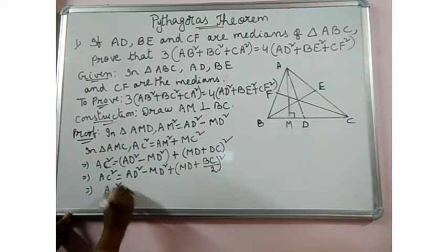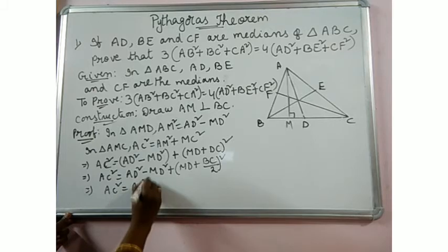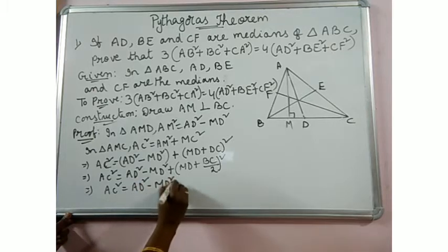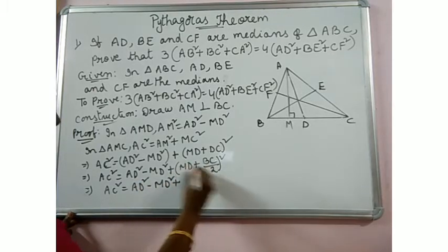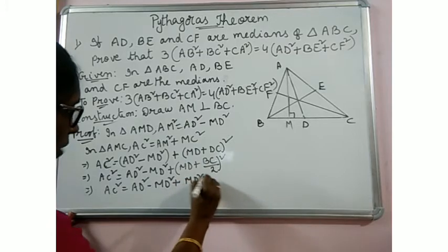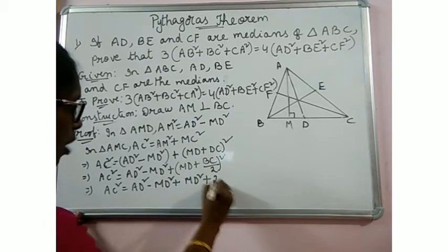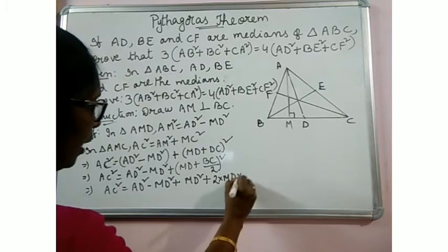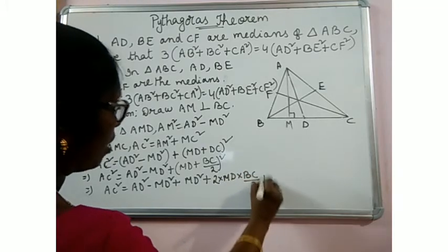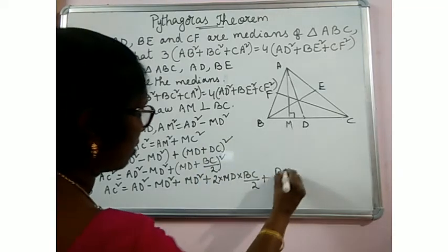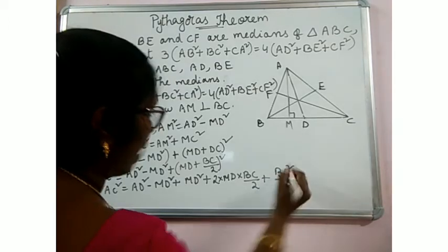Now let us open the brackets. AC square equal to AD square minus MD square, plus, here it is like (A plus B) whole square: MD square plus 2AB, that means 2 into MD into BC by 2, plus B square, which here gives BC square by 4.